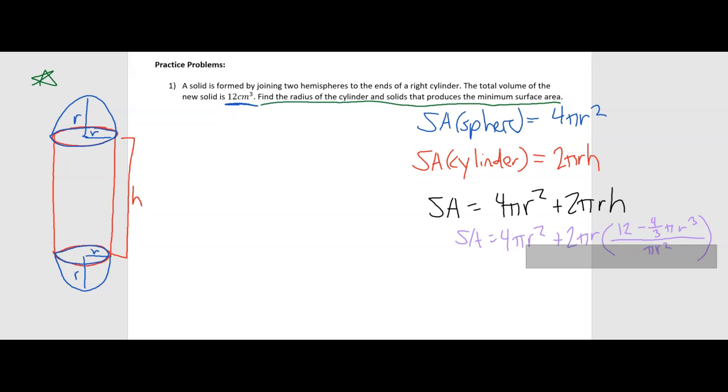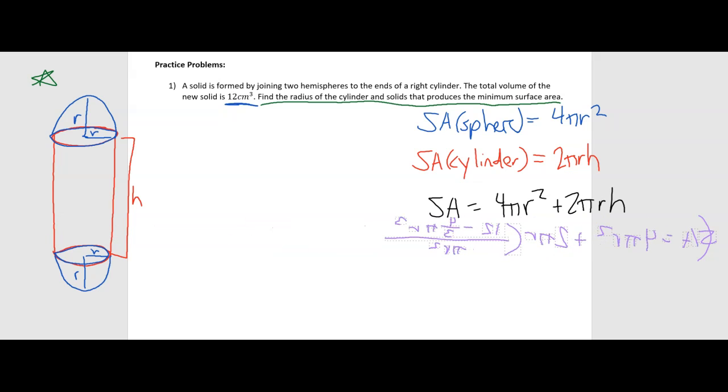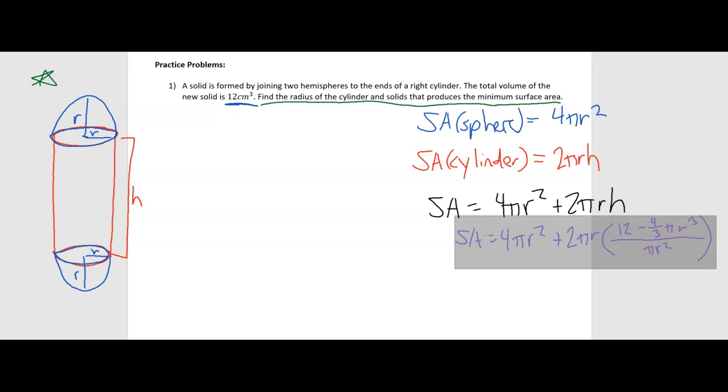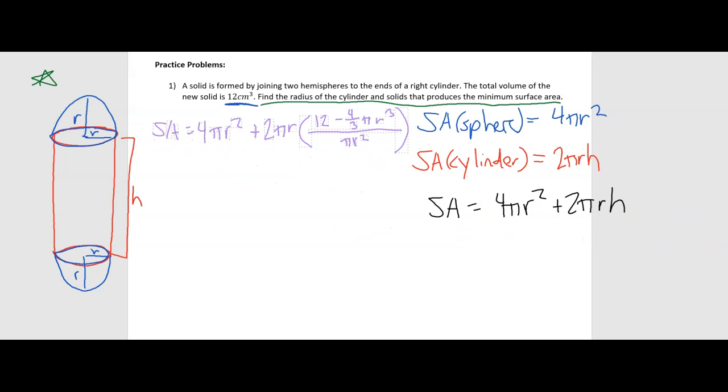Oops, let's make sure I get all of it, without getting any of the black. That's not going to do it. Let's try that one more time. There we go. Okay, so let's start to simplify.